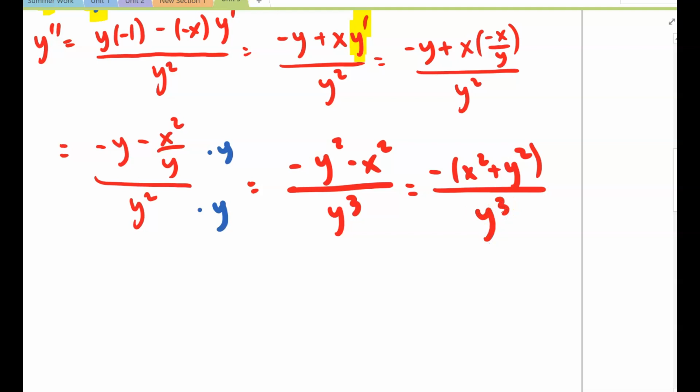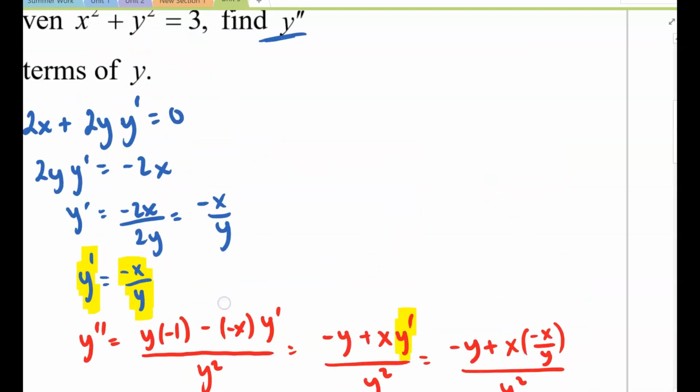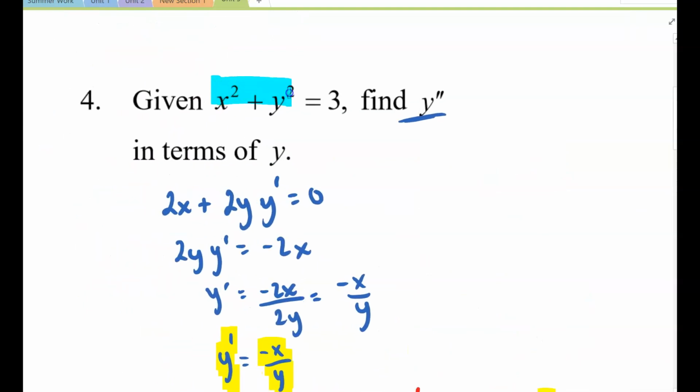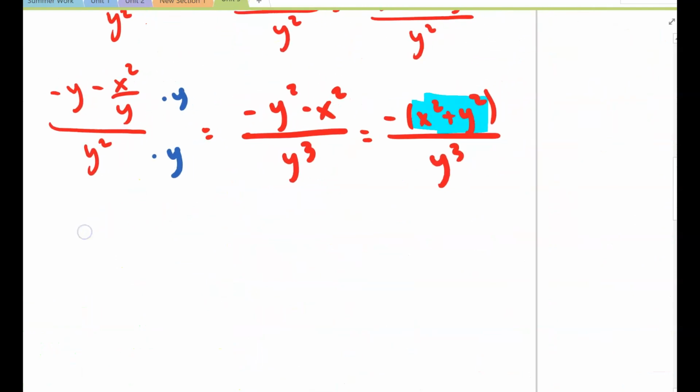Okay, and now that I've done my math magic, I can come back up here, and I want you to note x squared plus y squared. Well, what is that? In our original equation, x squared plus y squared is 3. So my final answer, y double prime, would be negative 3 over y cubed, right?